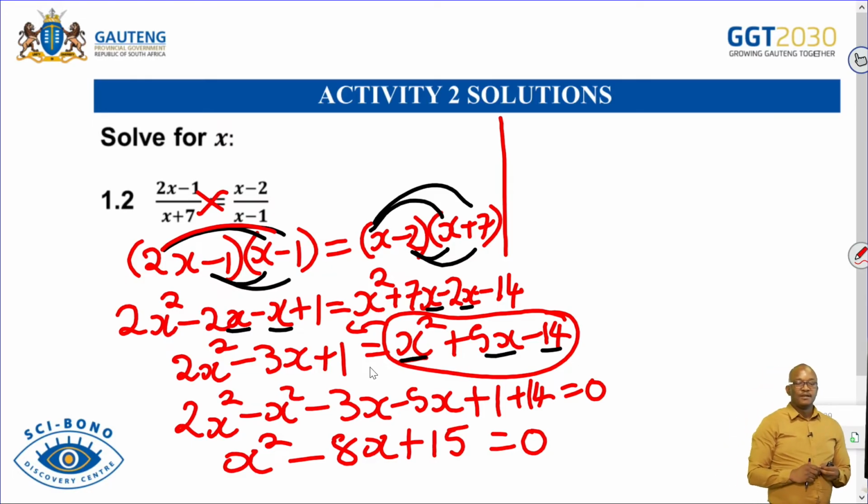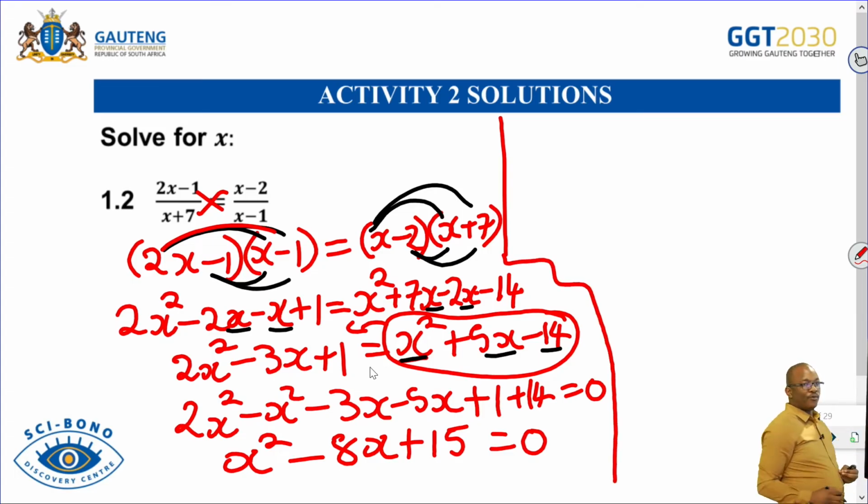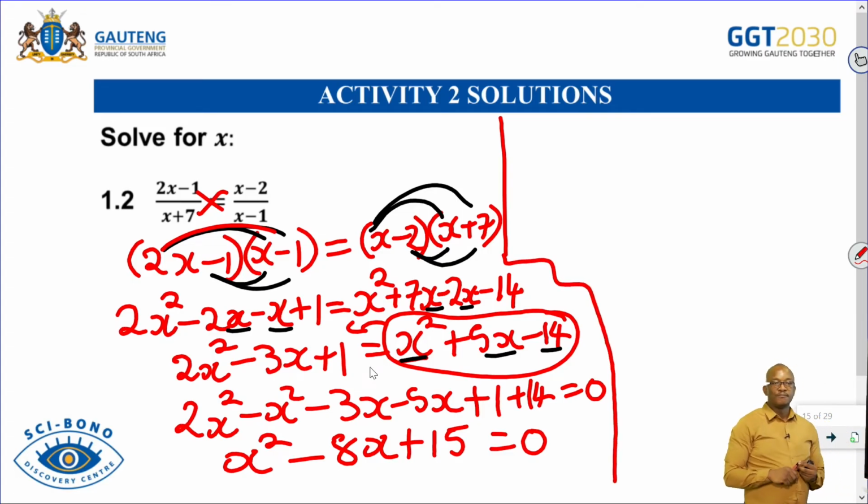Correct. Then now we will have to look into the factorization. Now we have x squared minus 8x plus 15 is equal to 0.